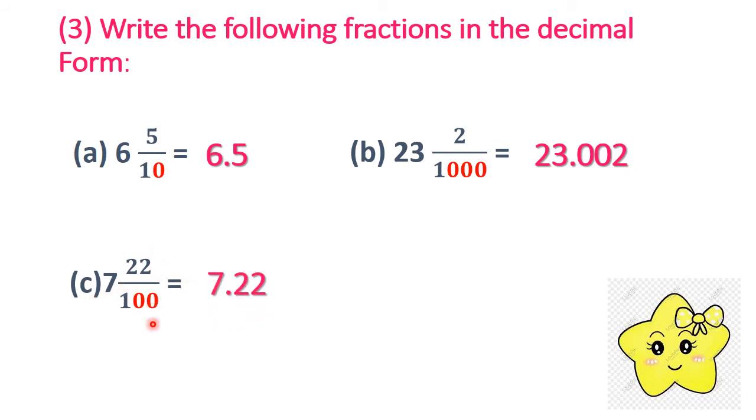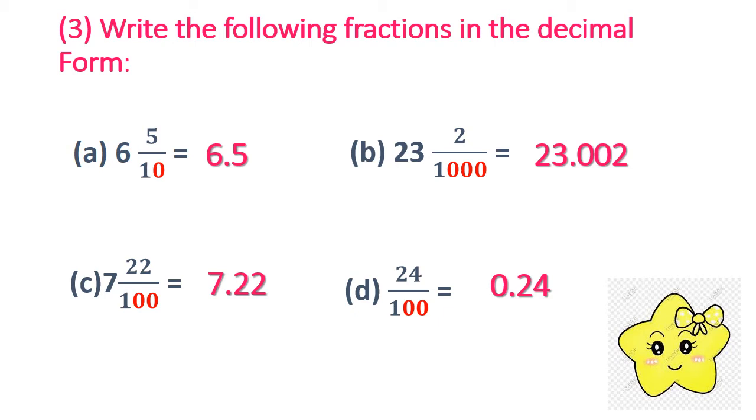Put 7 in the whole number and put 22 after 2 decimal places. D. 24 over 100. There is no whole number, so put 0 in the whole number and put 24 after 2 decimal places.